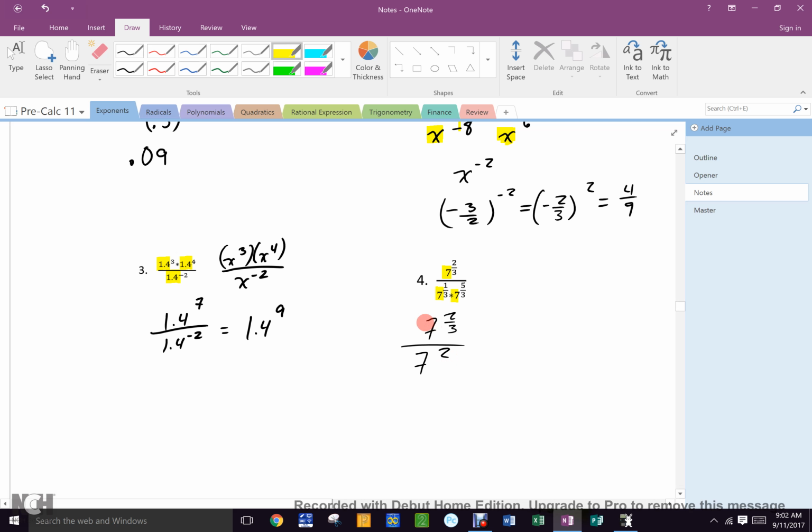What do I notice about that and that? So what do I do with the exponents? Subtract them. So I know it's going to be 7. Then I need to do some math. What's 2/3 minus 2? It's going to be positive or negative?